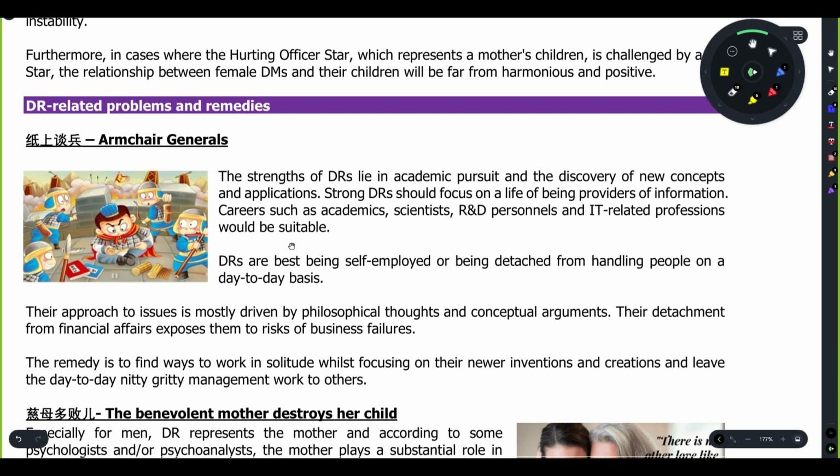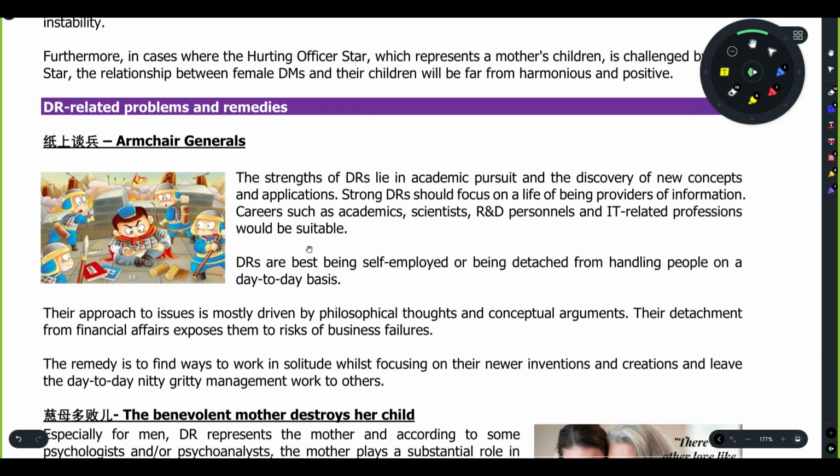It was such a disastrous military conflict that it eventually led to the demise of the state. This is how the idiom came about. In today's context, it means armchair generals.